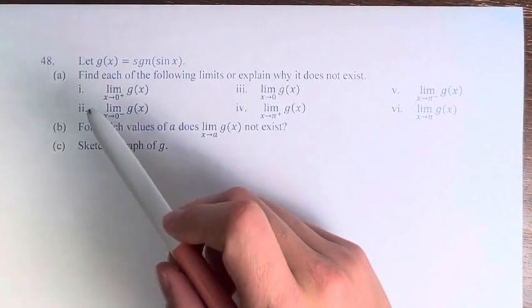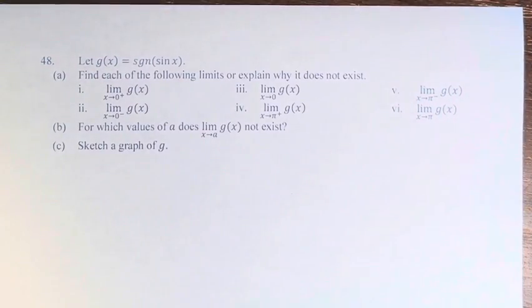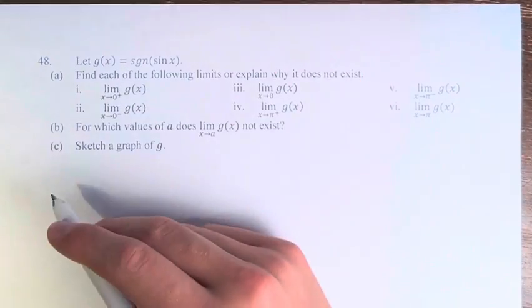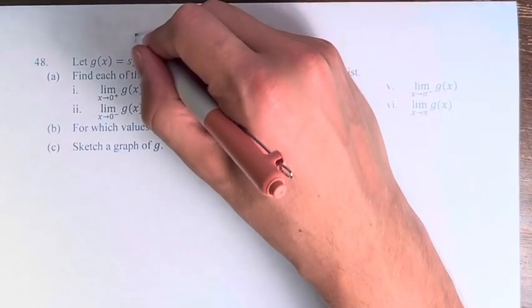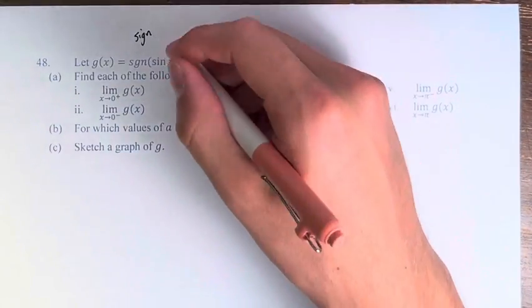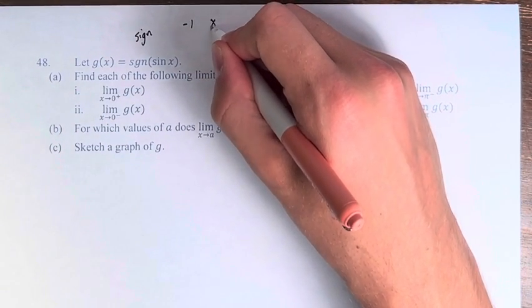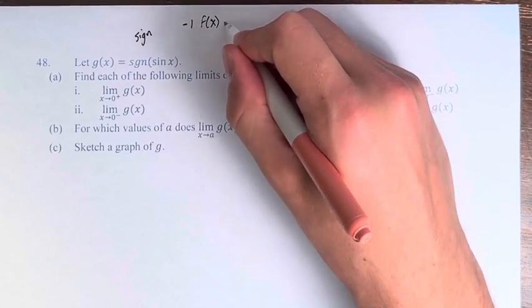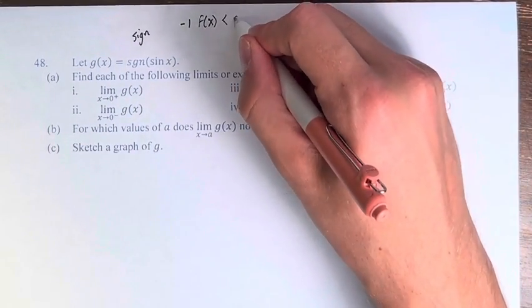In this problem, we're told let g of x equal sgn of sine of x. So what does this sgn mean? Well, that's the signum function, and it's also known as the sign function. It tells you the sign of the function where it's equal to -1 if f of x, or whatever the function is, is less than 0.